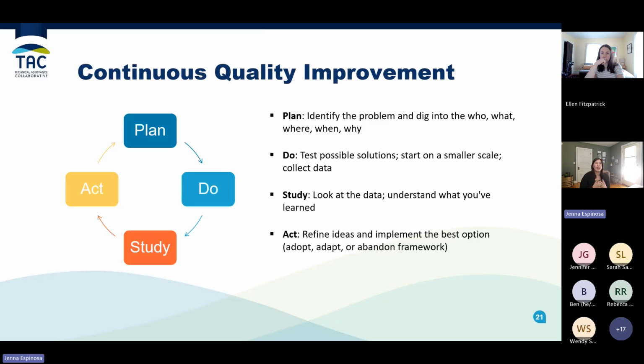And then you may have heard of this framework, but you might choose to adopt, adapt, or abandon that change. So adopting, you would move forward. Adapting, you might need to tweak to make it better. And then abandon might be like, it didn't work. Let's just abandon that idea and try something new.